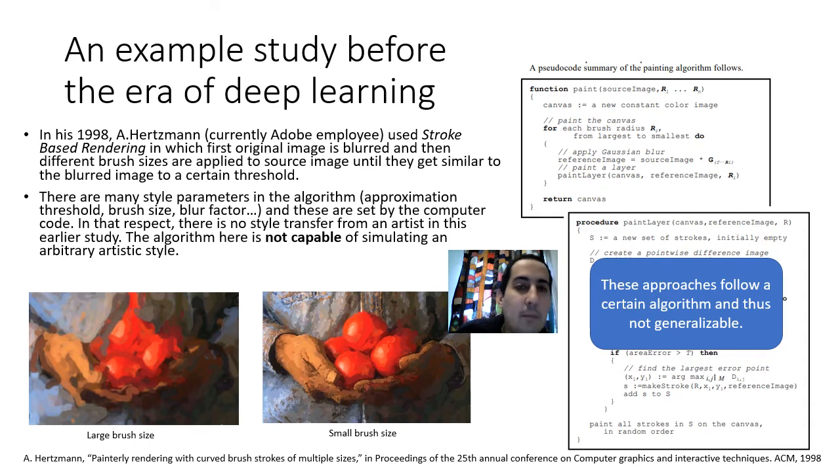There are many style parameters in this study, like the brush size and blur factor, and most importantly, it cannot simulate an arbitrary artistic style. To summarize, being inflexible was roughly the case at those times until the game changer joined the game.